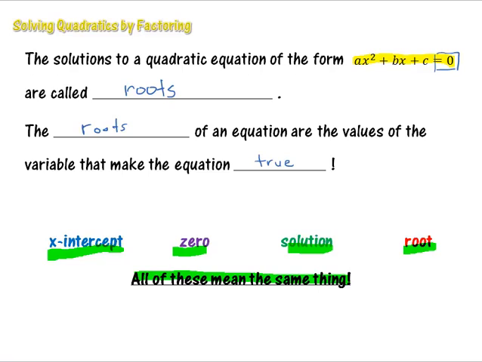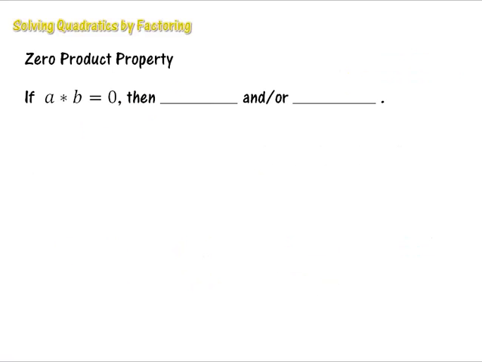Alright? Now the next thing we're going to do is I'm going to introduce you to a property that we're going to use to solve these quadratics by factoring. This property is called the zero product property. And what it says is that if I have two things multiplied together, a times b, and those equal 0, so the product is going to be 0.